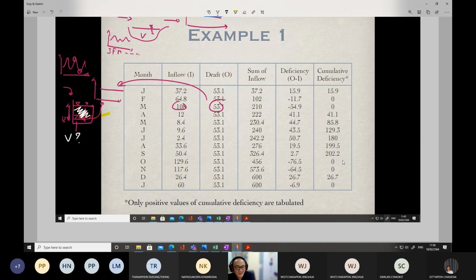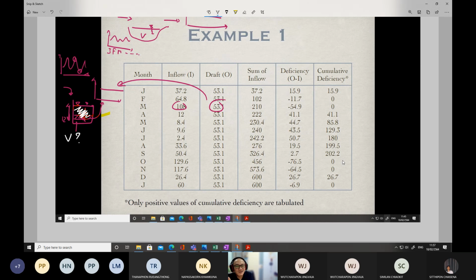This is the analytical method: we basically use the information in table form to determine the storage capacity. So the storage capacity is equivalent to the maximum cumulative deficiency. In this example, it is 202. So 202 is the answer.